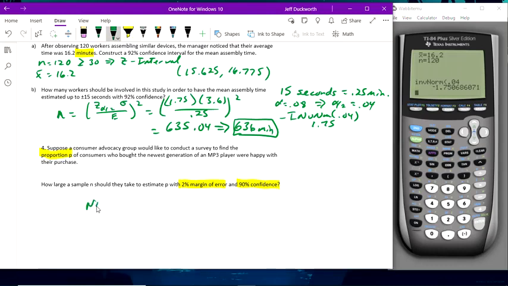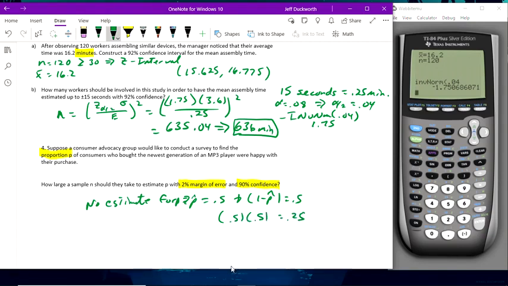So no estimate for P or P hat, essentially. So P hat will equal 0.5, and 1 minus P hat will equal 0.5. 0.5 times 0.5 is 0.25.